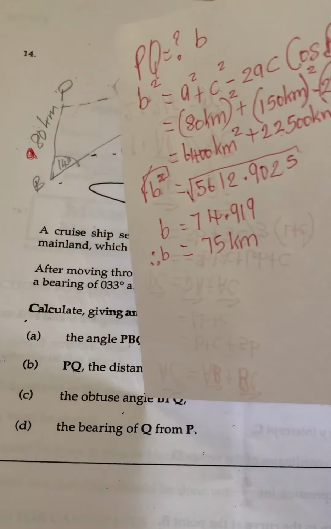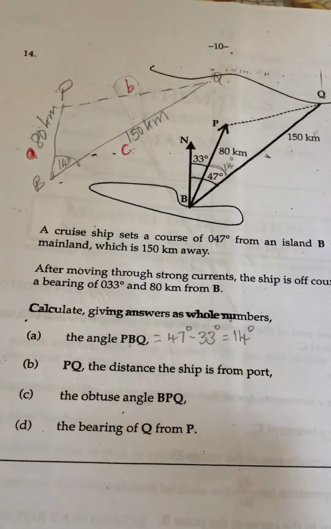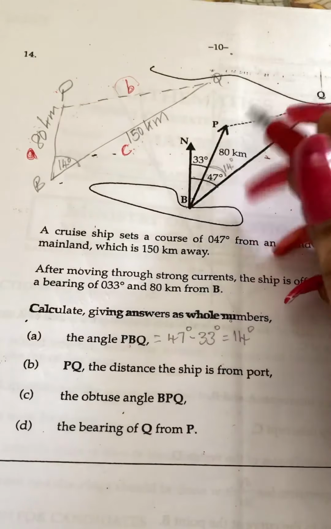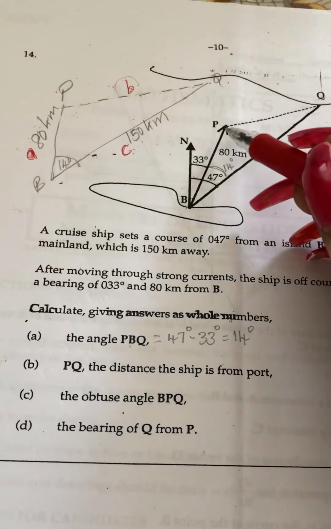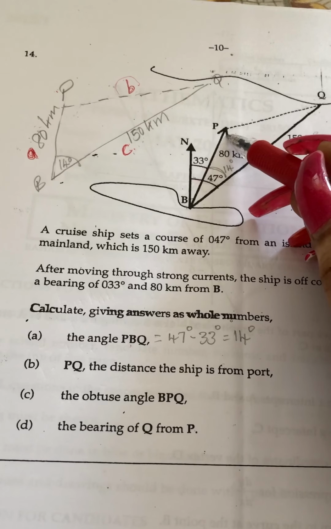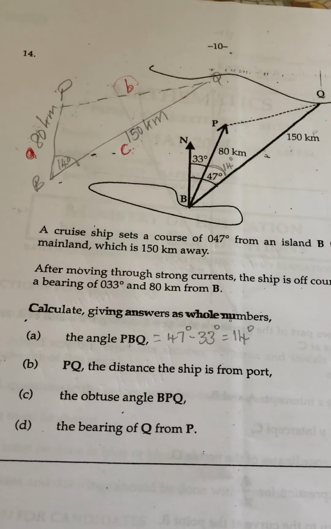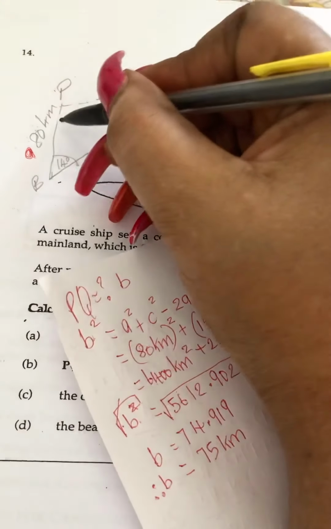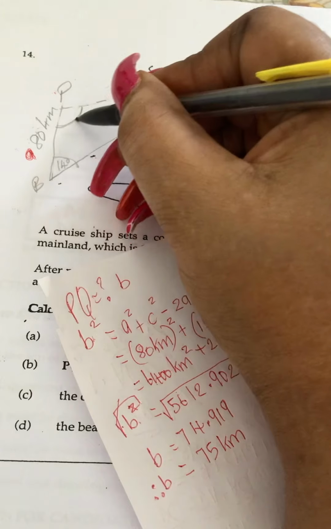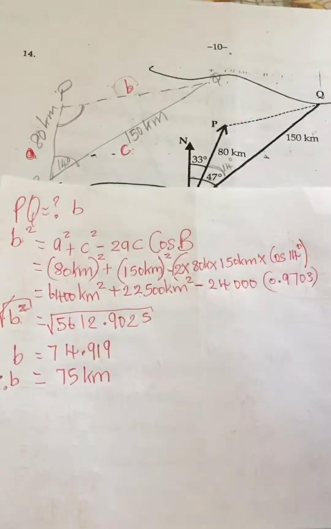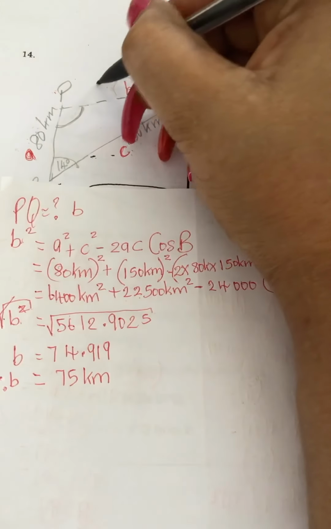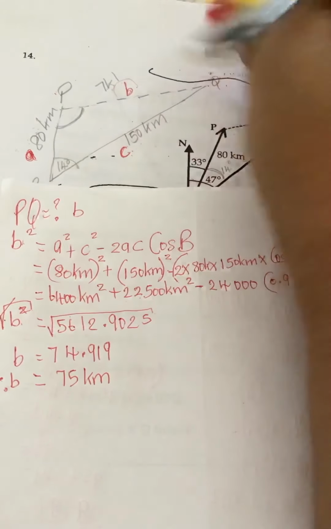The obtuse angle BPQ. BPQ. Remember I told you it's the center, the letter that is in the middle. So now, look at this. This is the one I want. We just found little b.